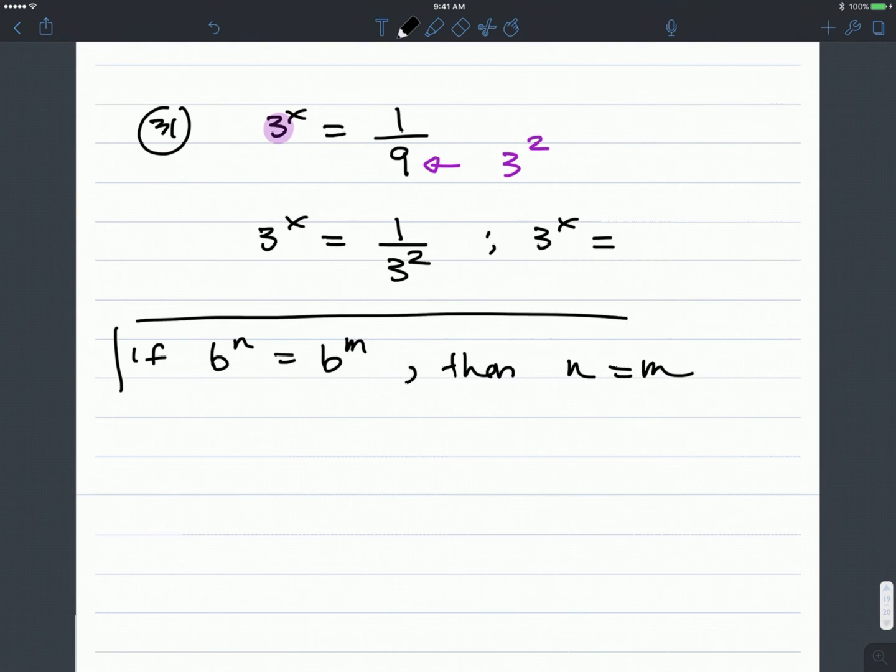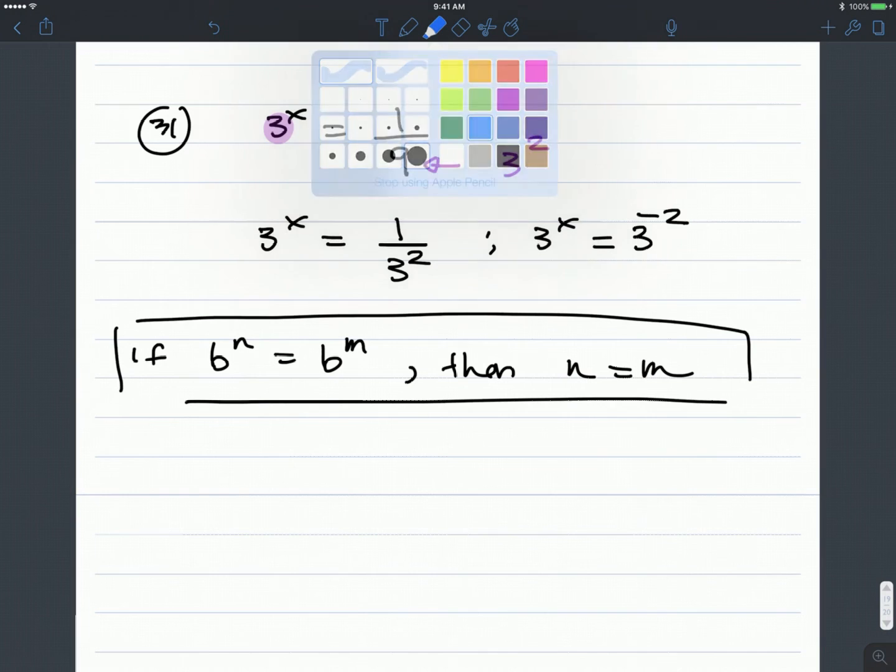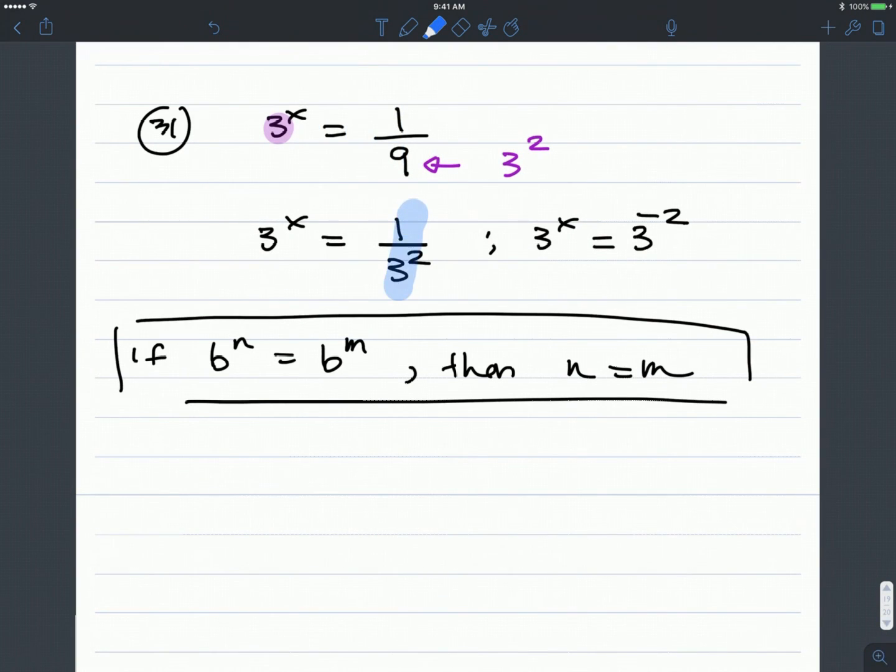How am I ever going to use this in this example? Be careful here. This fraction of 1 over 3 squared can be described as 3 to the what? Minus 2 power. Is that true?